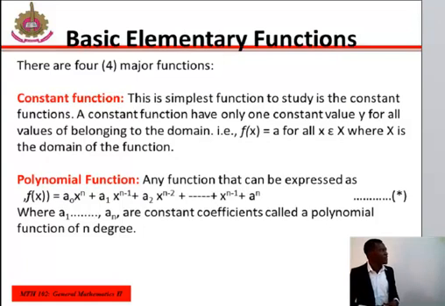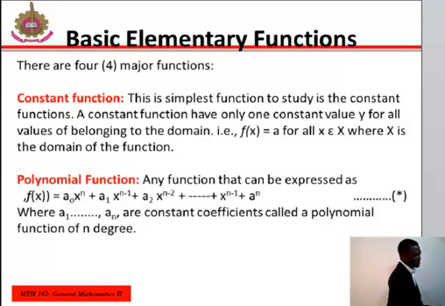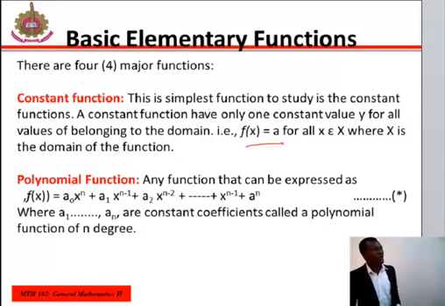Why? For all values belonging to the domain, that is f of x equals a, just like we have on the board. That is for all x which are a subset of X, where X is the domain of the function.